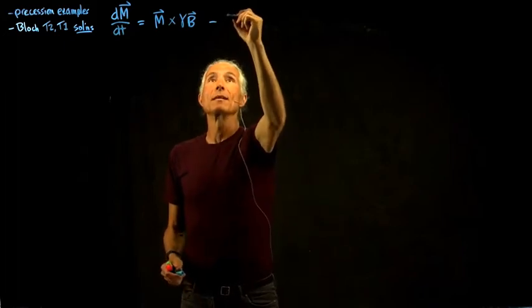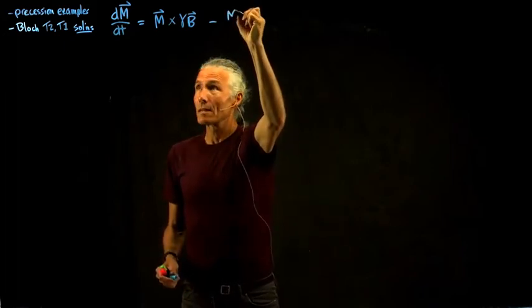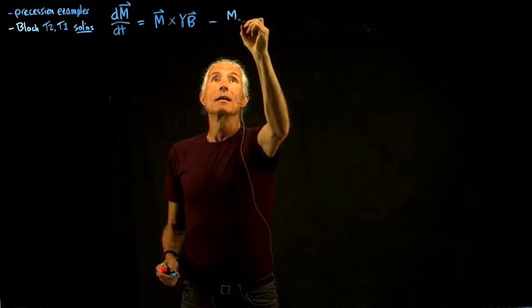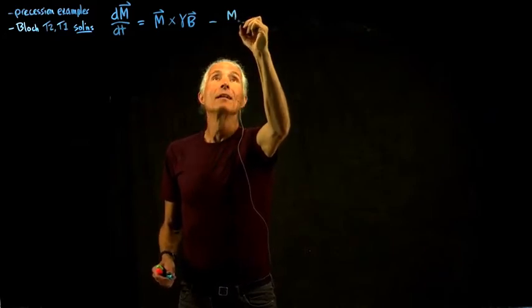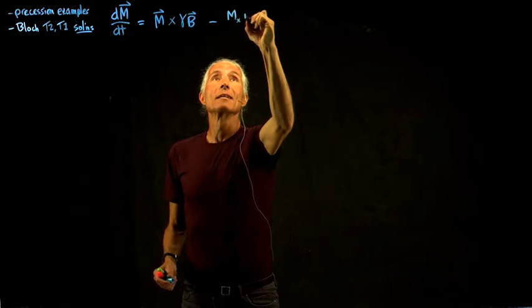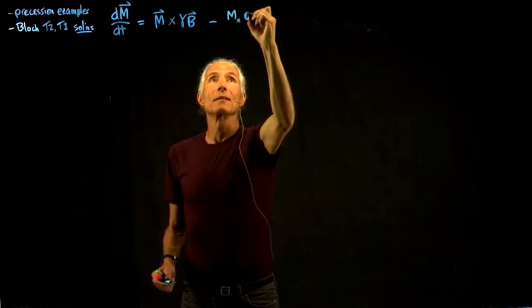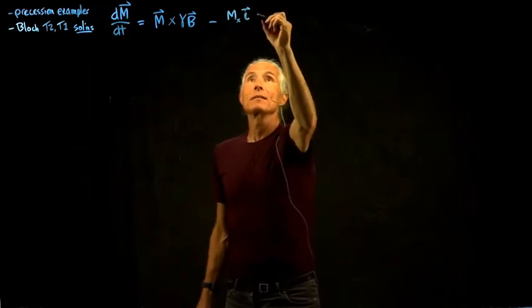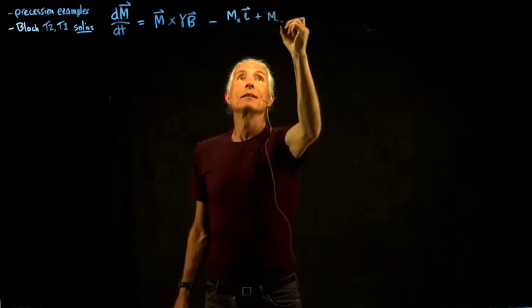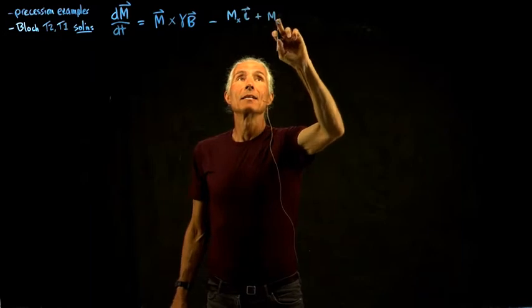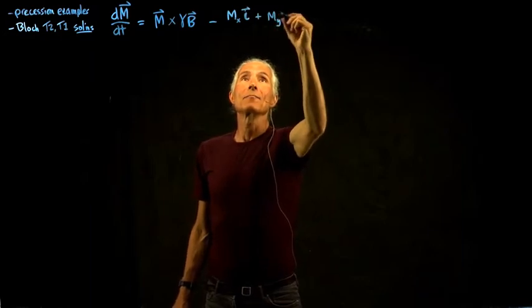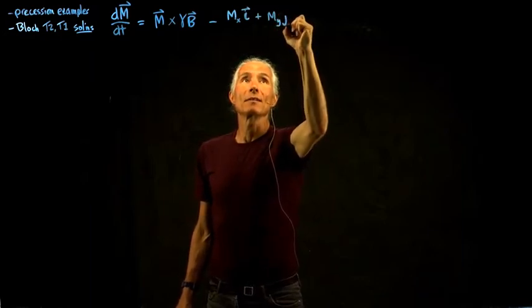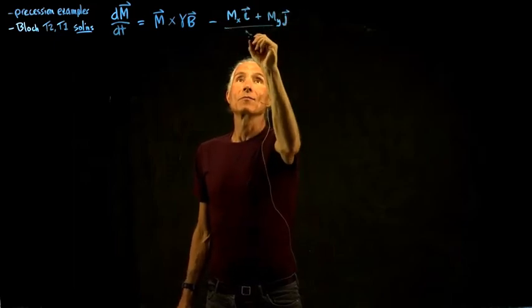I'm just using this particular notation: mx times the i vector plus my times the j vector, divided by T2.